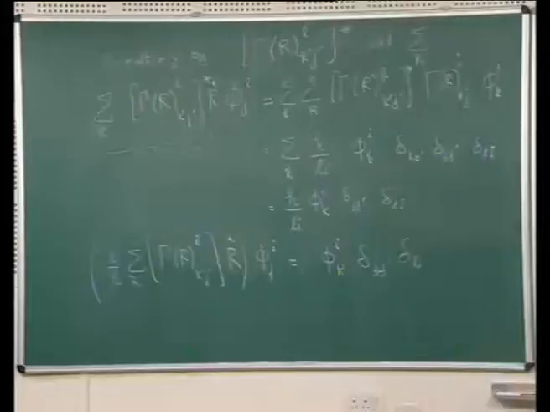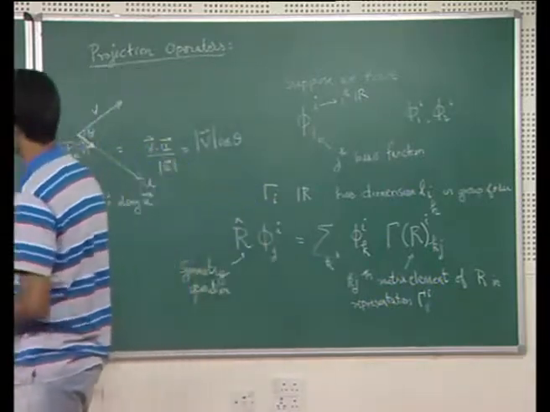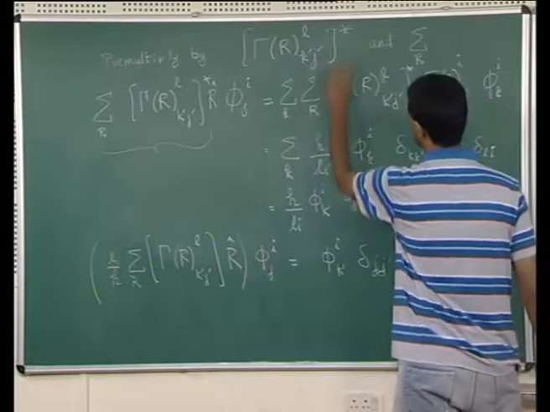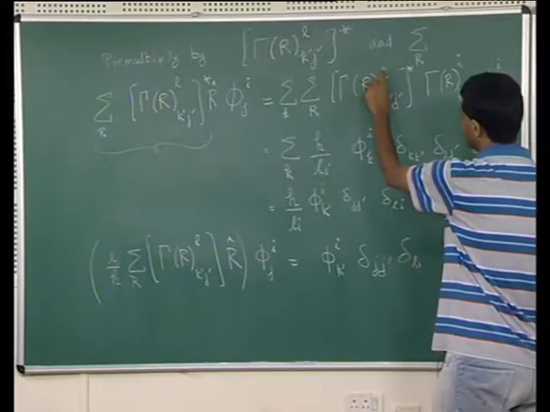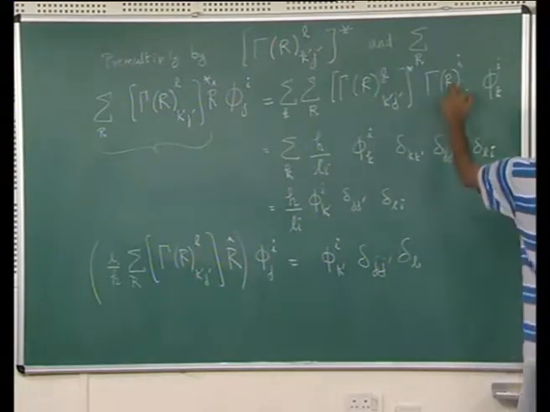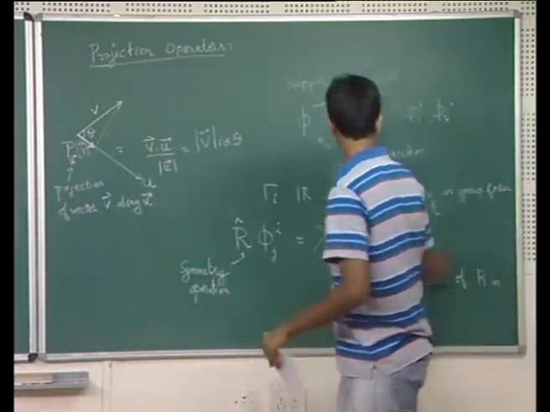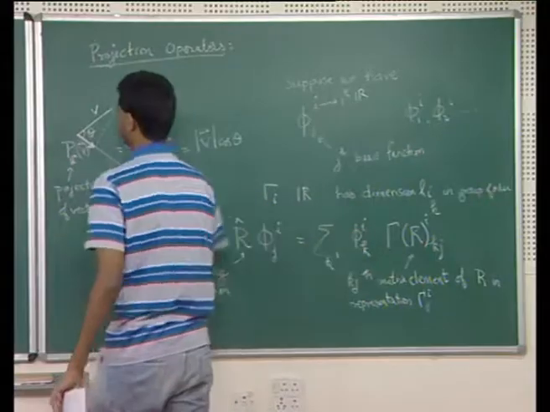On the right hand side, I interchange the sum over k and sum over R, and I write it in this form. So I have the sum over R coming from here, gamma R L k prime j prime coming from here with the star, and I have the gamma R I k j which came from here, and I have the phi k I, which is right here.